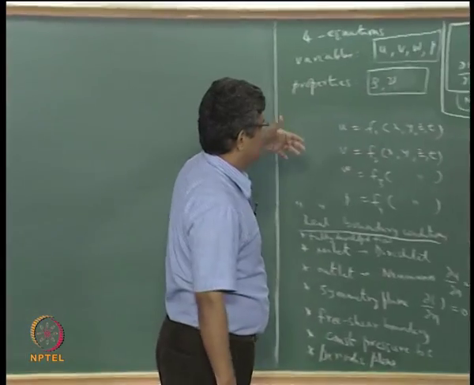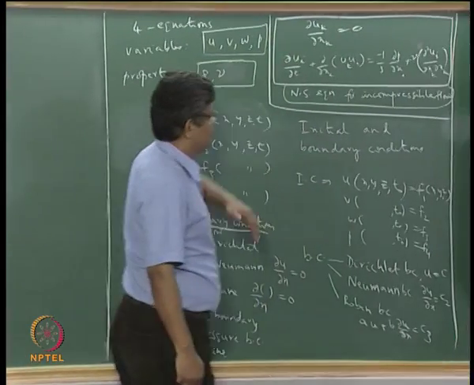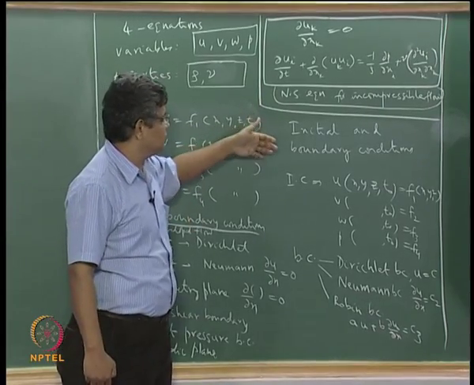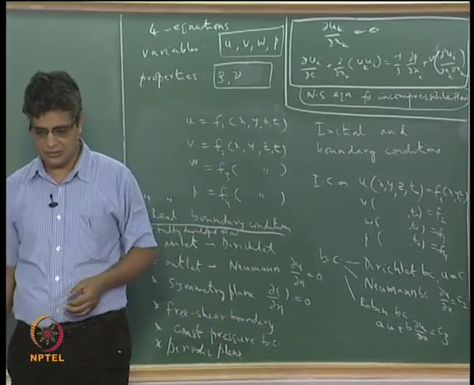What we are trying to say is that we have an equation and we have a flow domain, and we know that we have to specify the initial and boundary conditions.